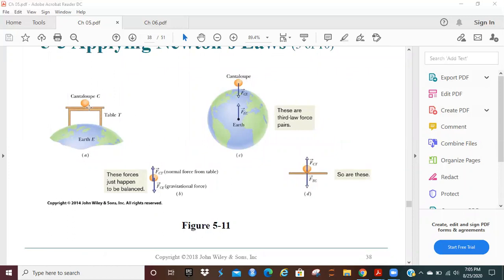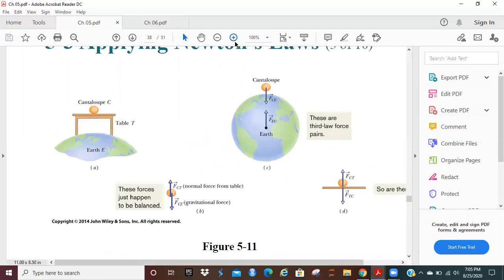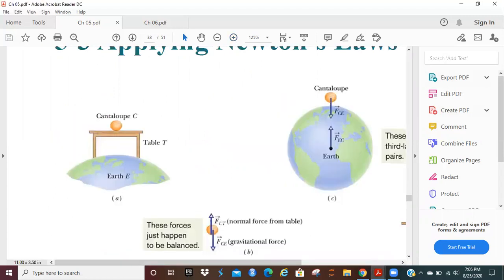So in the case where you've got a table that is sitting on the earth and you've got a cantaloupe up here, let's see if I can blow this up a little bit. The force from the cantaloupe to the table, or the normal force from the table, is going to be the same as the gravitational force as the cantaloupe is trying to fall to the earth.